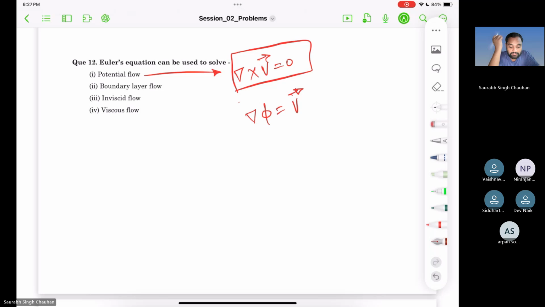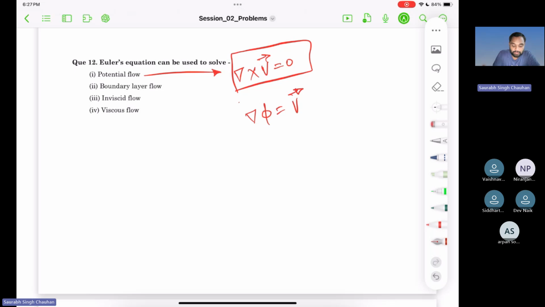For example, if the velocity field is irrotational, that means the curl of velocity is 0. In that case, you define a potential function such that its gradient will give you the velocity.